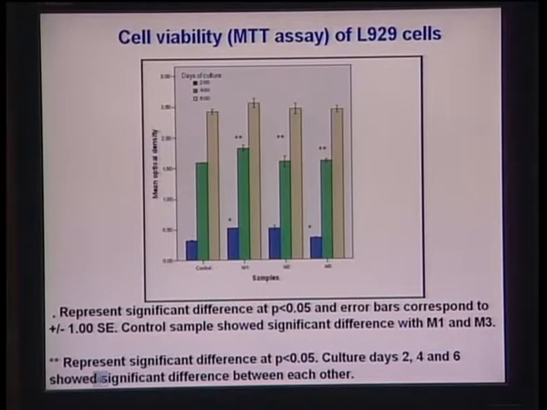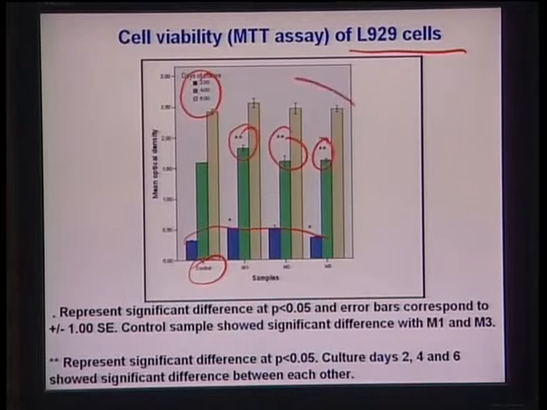As far as the MTT assay is concerned, that is the cell viability testing for L929 cells, the mouse fibroblast cells, what you see here after 2 days culture is a significant difference in the MTT values compared to the control. A similar difference is also observed in the 4 days culture, and after 6 days culture they are more or less comparable.